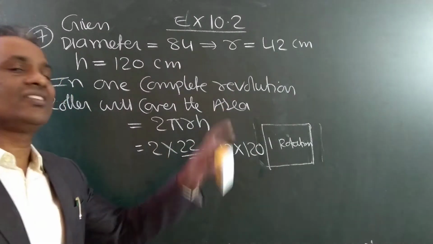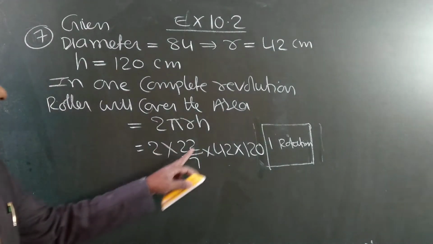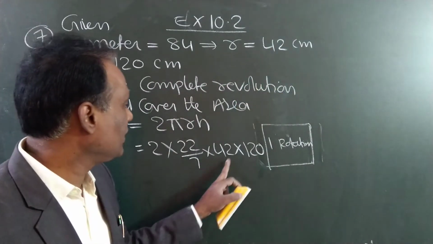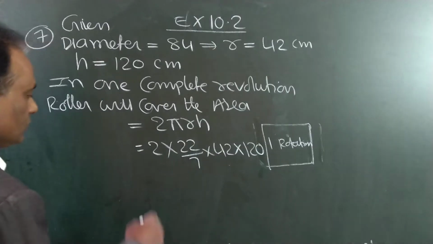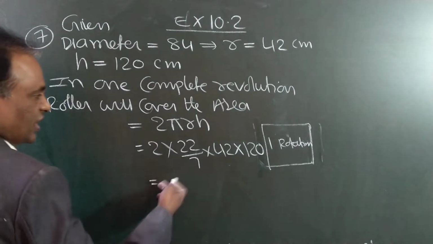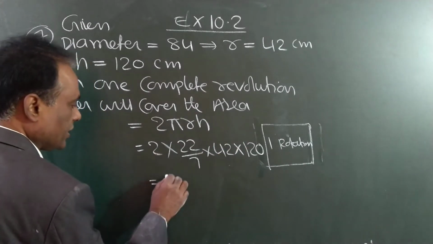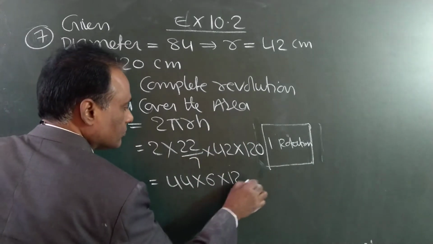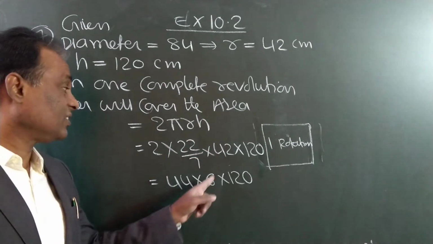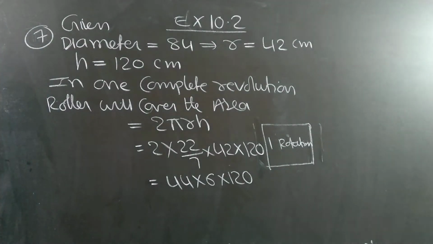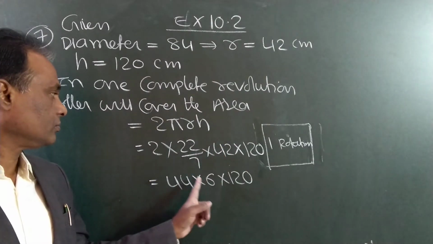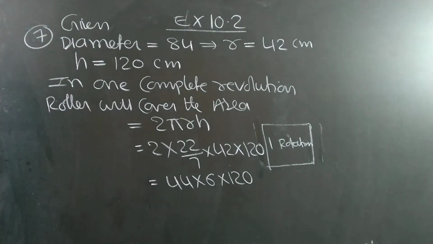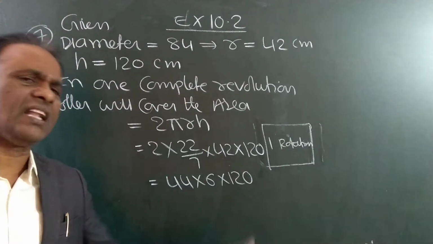Pi is 22 by 7, R is 42, H is 120. 7 sixes are 42, and 2 into 22 is 44. So it is 44 into 6 into 120. Leave it, let us simplify afterwards. We have to multiply, but I will simplify in the last.